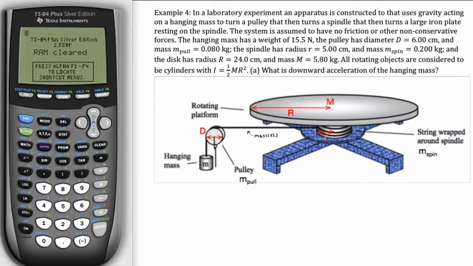All right, so let's draw all of our relevant forces, and you can see that all of our diameters, or radii, and one diameter, are clearly shown here. Okay, so let's add our forces. We have the force of gravity pulling downwards on the hanging mass. We have a tension force acting up, and I'll label these in a second. Then we have a different tension force on the other side of the pulley.